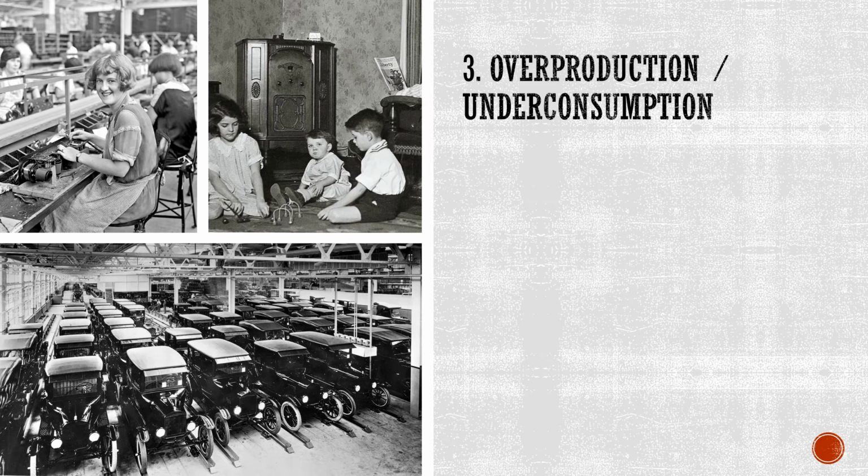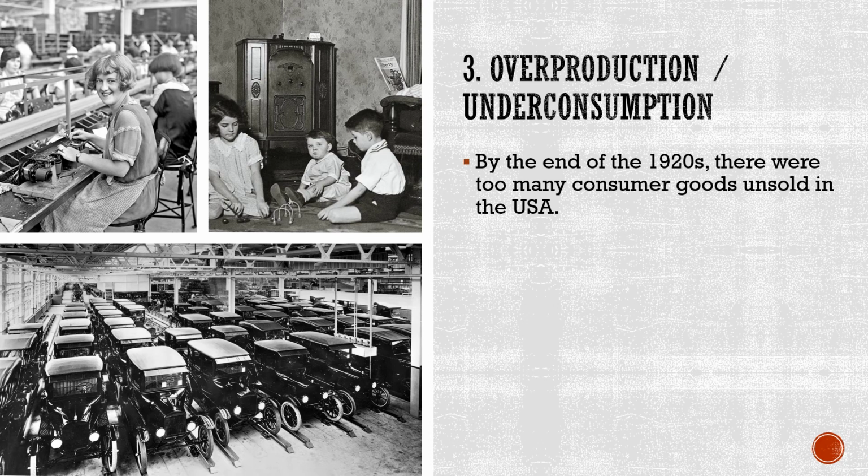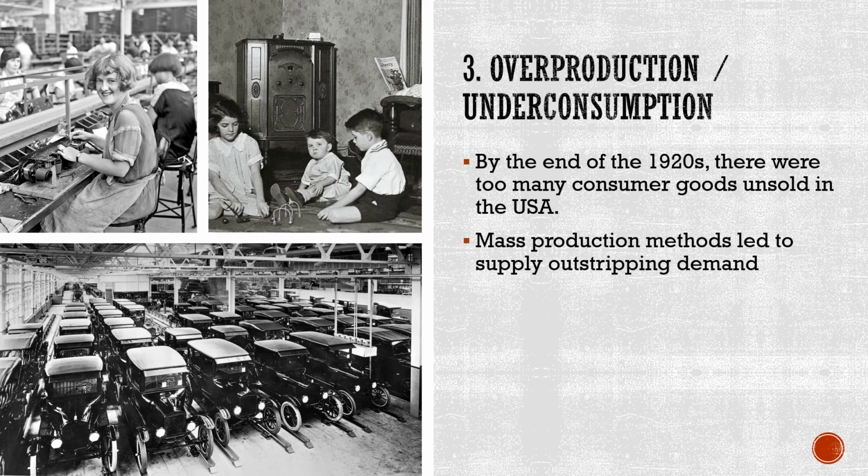However, wages at the same time had not kept pace. By the end of the 1920s, there were basically too many consumer goods being unsold in the United States. Essentially, everyone who could afford to buy a radio or afford to buy a car had already purchased one. Mass production methods had essentially led to supply outstripping demand.